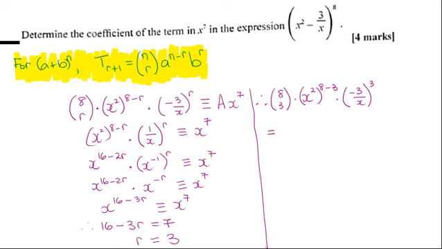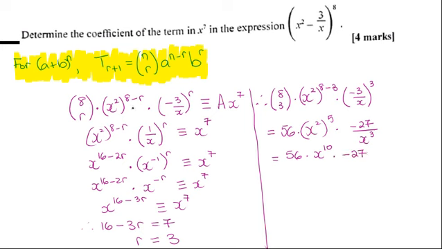8C3 gives me 56. This is going to give me x squared to the 5 times negative 3 cubed, which is negative 27, over x cubed. Indices rules, this is going to give me x to the 10, 2 fives are 10.